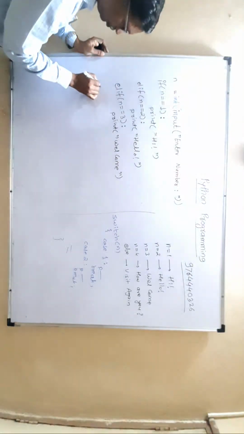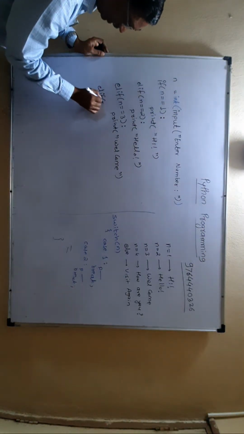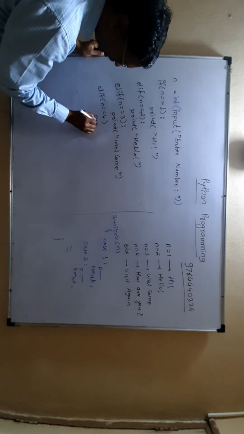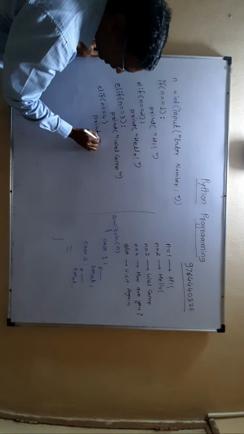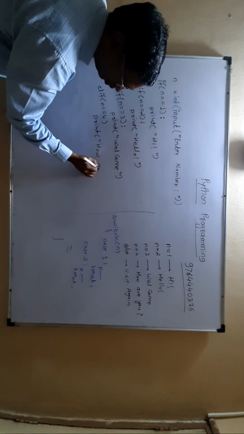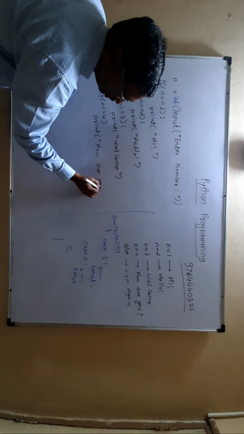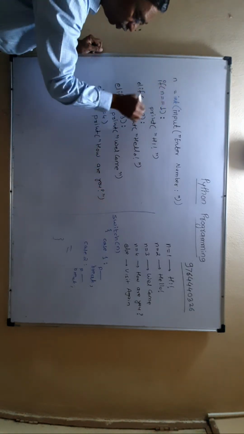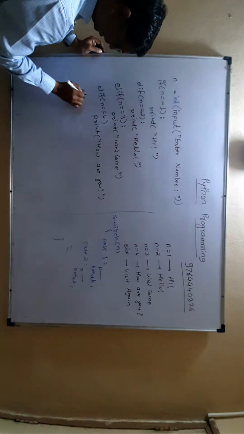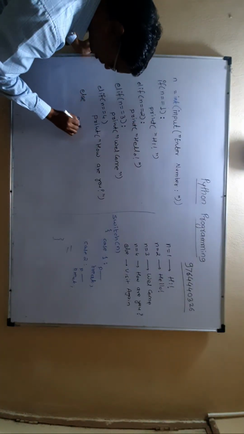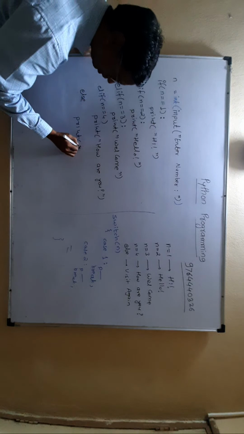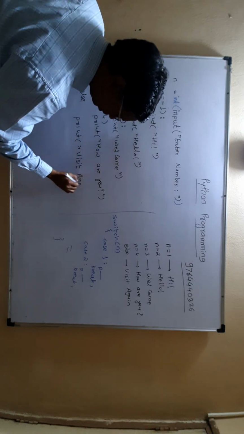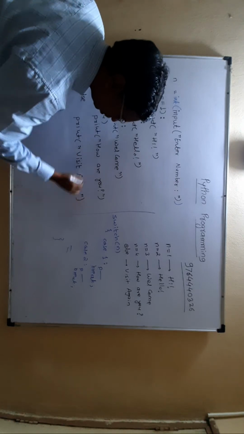If it is not equal to 3 and if it is equal to 4, then I am using print how are you. And if it is not 1, not 2, not 3, not 4, I can use else here, print visit again.